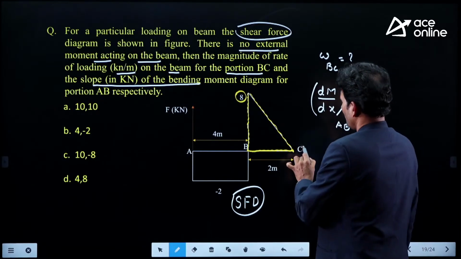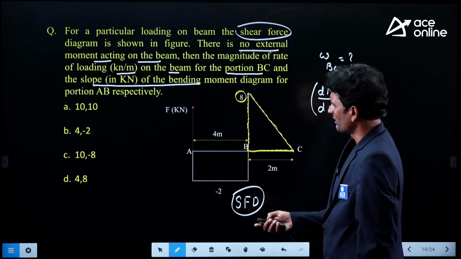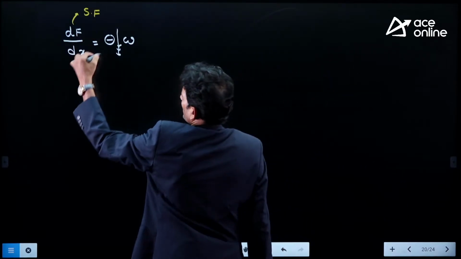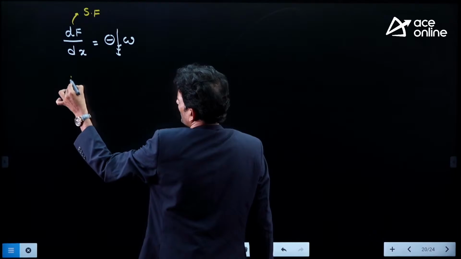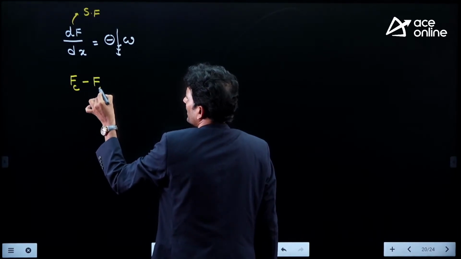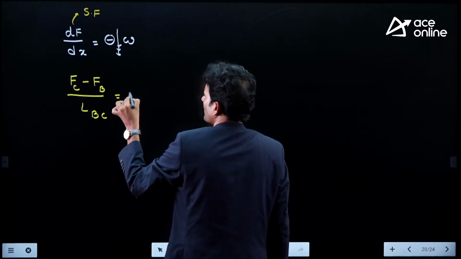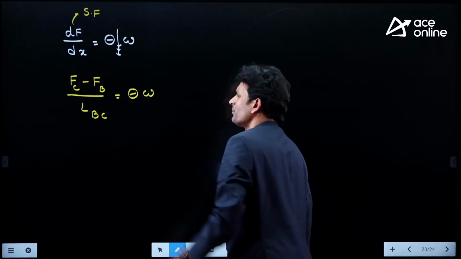Shear force at C minus shear force at B. I am rewriting this relation as per our requirement: shear at point C minus shear at point B, divided by the length of the BC segment, should be equal to the rate of loading acting in the BC segment.